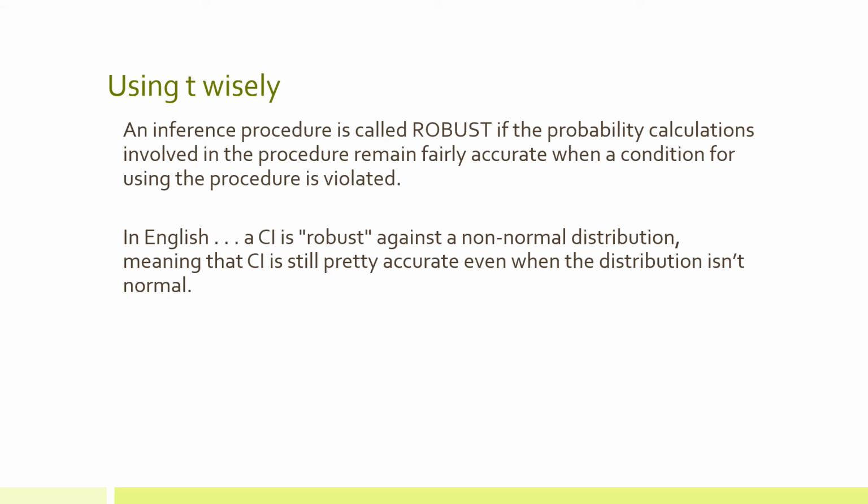In English, a confidence interval is robust against a non-normal distribution, meaning that a confidence interval is still pretty accurate even when the distribution isn't normal, right?